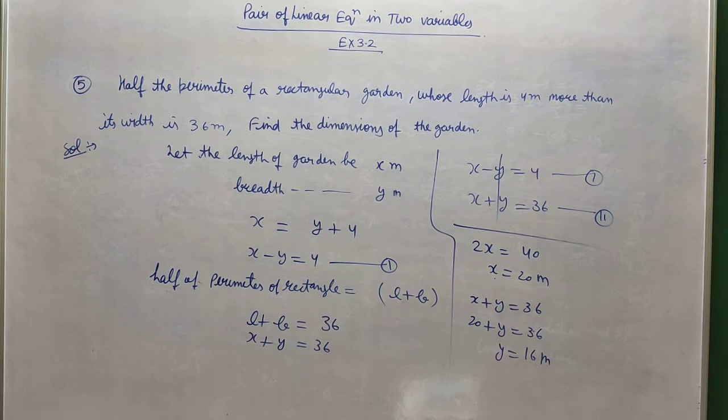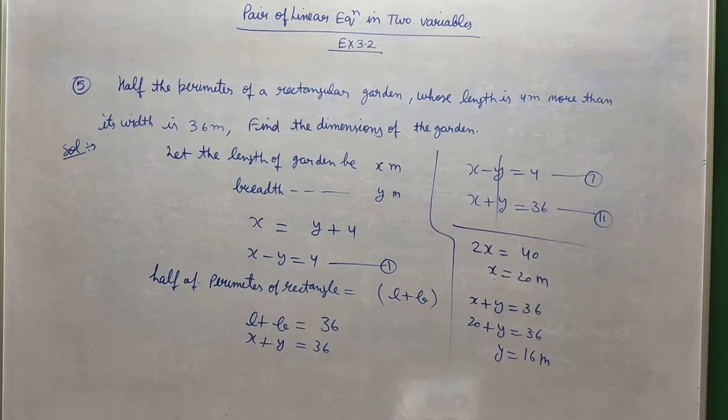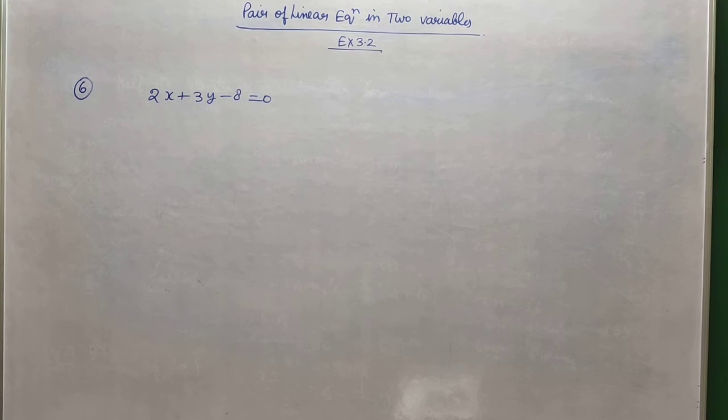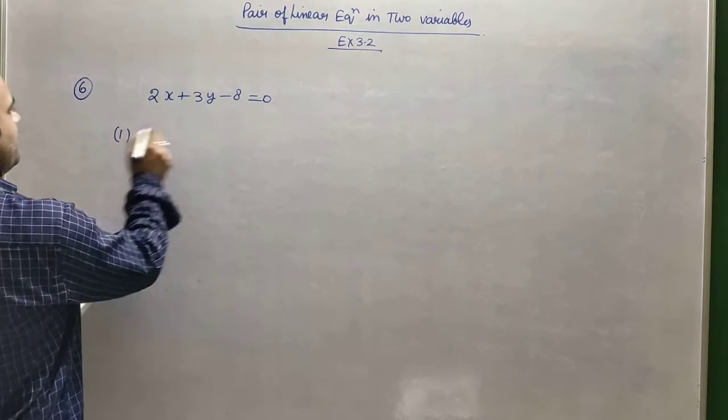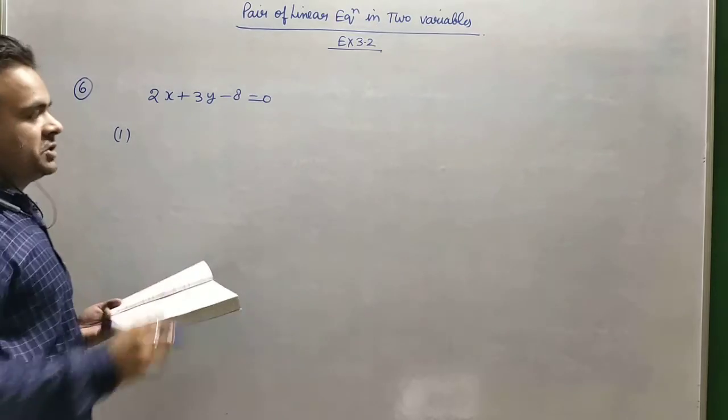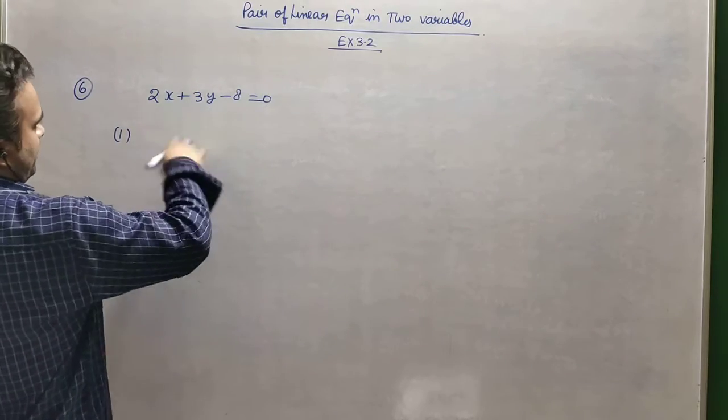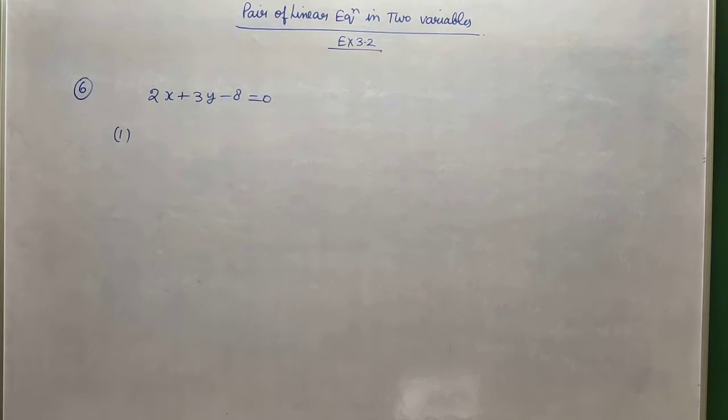Right. Now question number 6, in which you have to form an equation there. You have to form one more equation so that the line can make a relation according to the given question. So students, here what we have to do, this equation is given to us, 2x plus 3y minus 8, but the question is you have to make one more equation, in such a way that it will make an intersecting relation with this line.